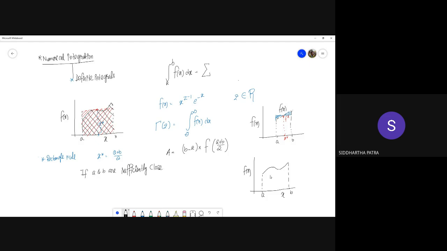In that situation, what we can do is divide the portion between a and b into segments. It's not mandatory to have segments with equal width, but we can choose to have equal width. Let's say that width is h, and n is the number of segments.